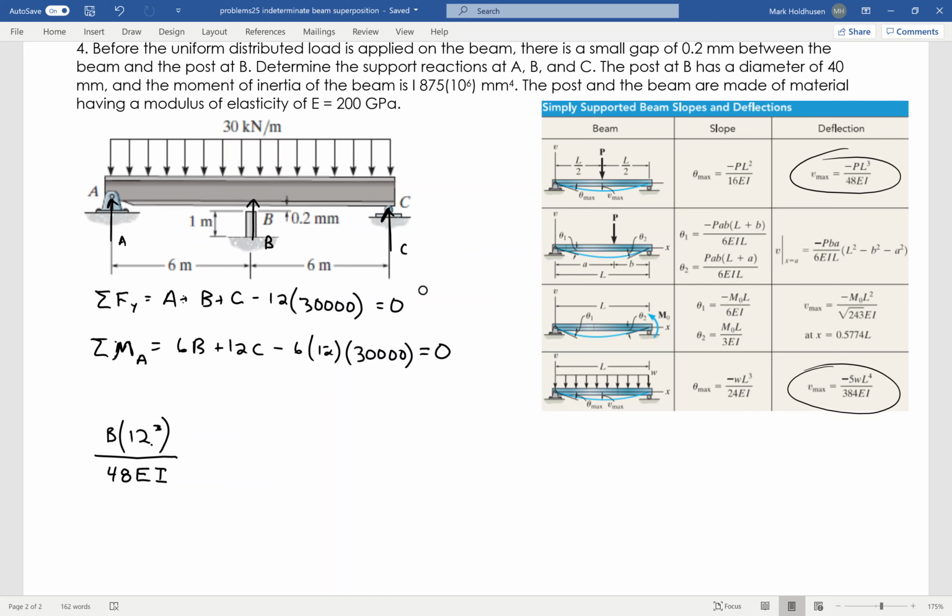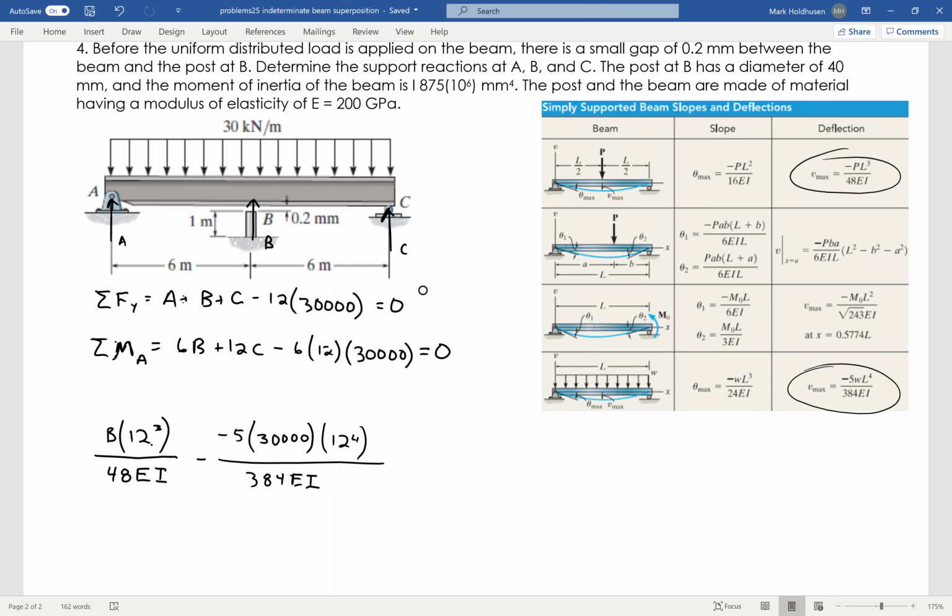That one's going down, so that's going to be minus, and that'll be negative 5 times 30,000 times L, which is 12 to the 4th, all over 384 EI. So that is going to be the deflection due to the loading.